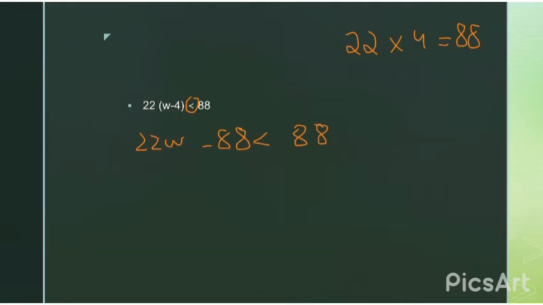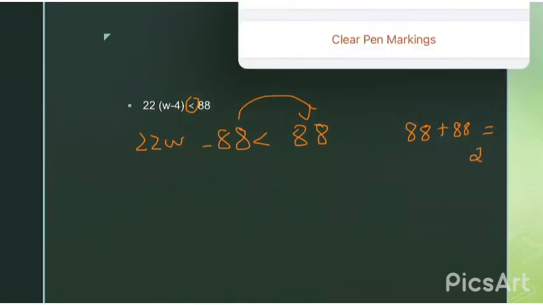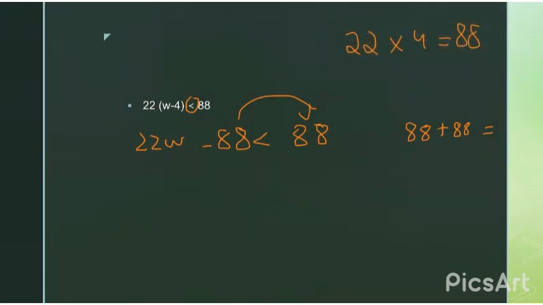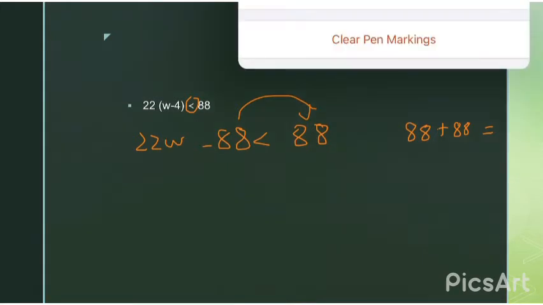Now we just simplify this. So here the 88 will come this side, so we get 88 plus 88, which is equal to 176.